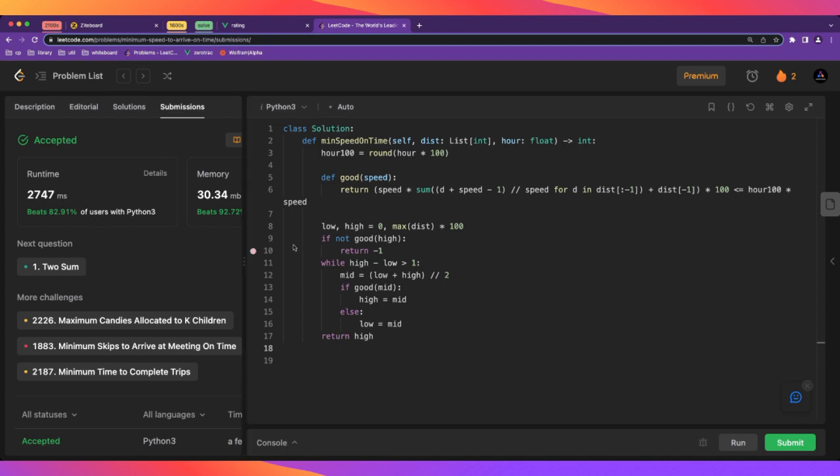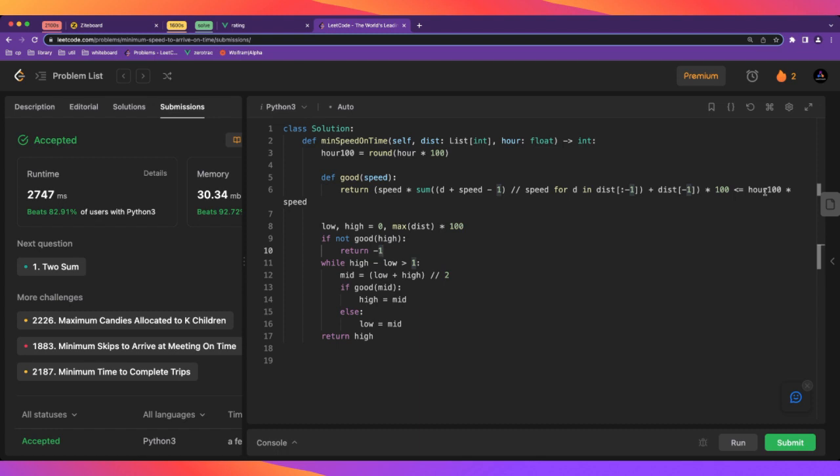So, a few tricks to take away here. Whenever you have an inequality and you're dividing, you can multiply by the denominator, and that way you can eliminate all the non-integer numbers.